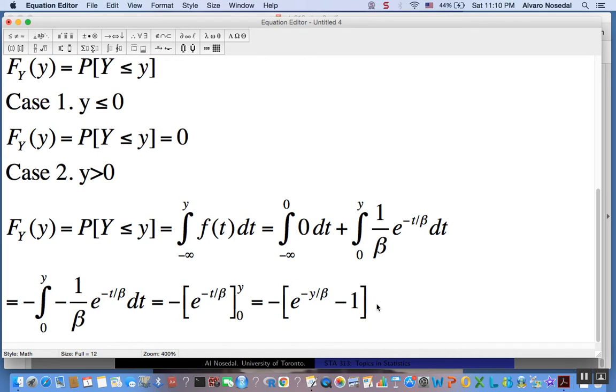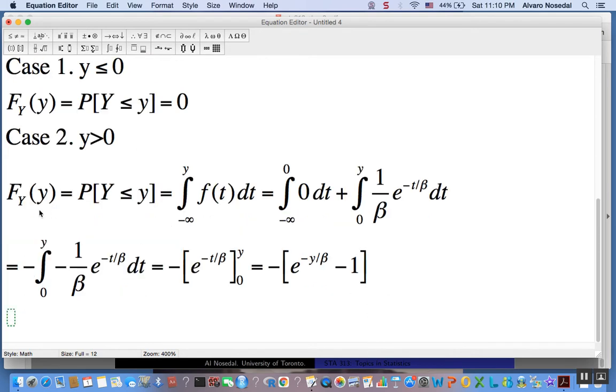So in the end, our CDF of the random variable y evaluated at lowercase y is just 1 minus e to the negative y divided by beta if y is positive. That is going to be useful.